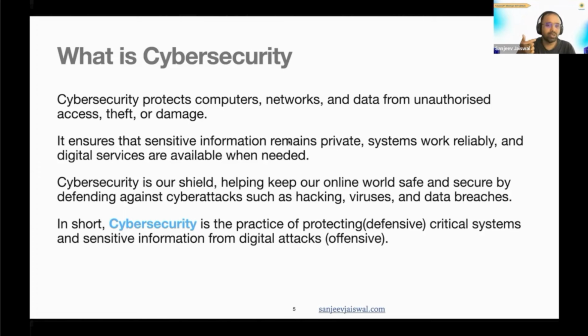It can be computer, it can be your network, it can be your data, and there can be lots of damages because of any kind of compromises with all these things, right? So in short, cybersecurity is like the practicing of protecting your critical system and sensitive information from the attackers, right? So it's like both offensive approach also or defensive approach also.